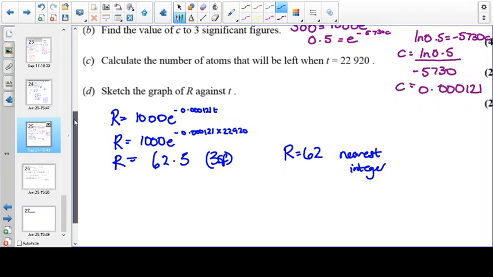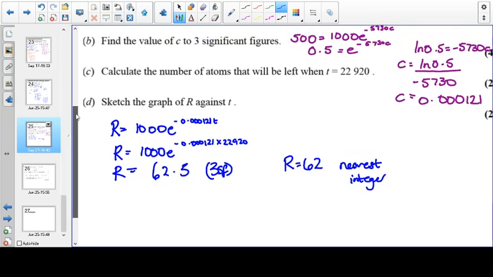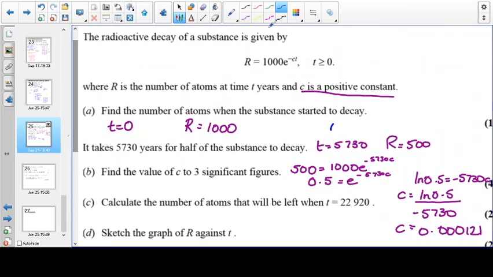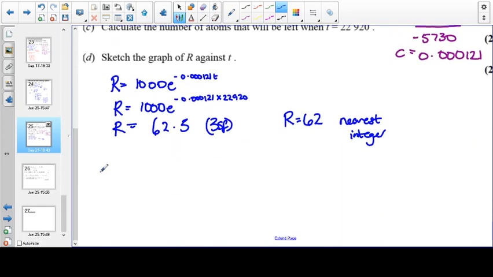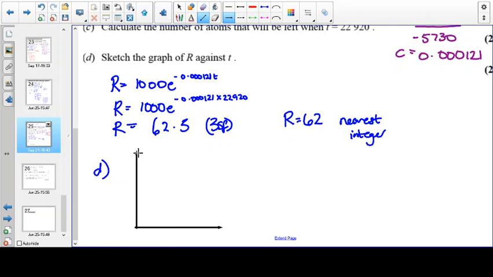And then part D, sketch the graph of R against t. Well, it's a standard exponential decay. So we just need the first quadrant. When t equals 0, we know R is 1000.